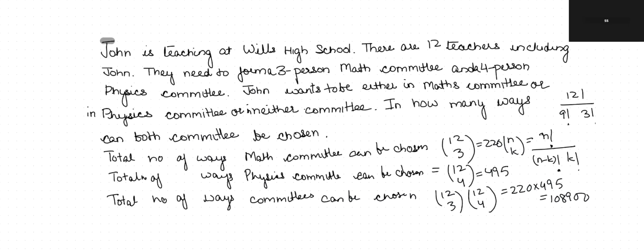So there are 108900 total ways the committees can be chosen, and since both are independent, we multiply. These are the total number of ways the committee with 3 teachers in maths and 4 teachers in physics can be chosen.